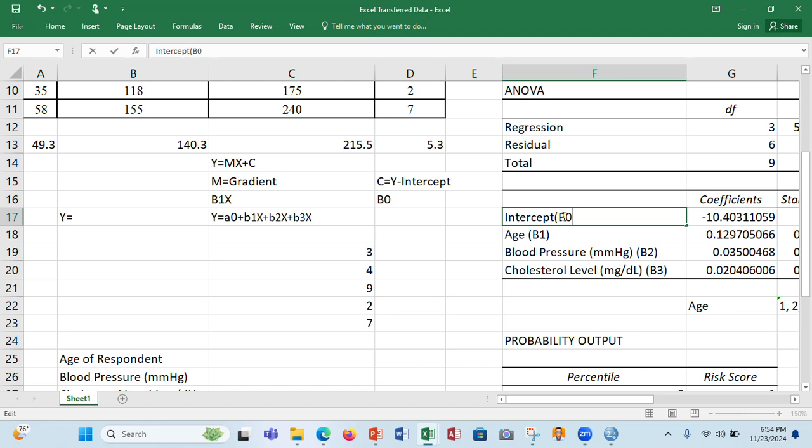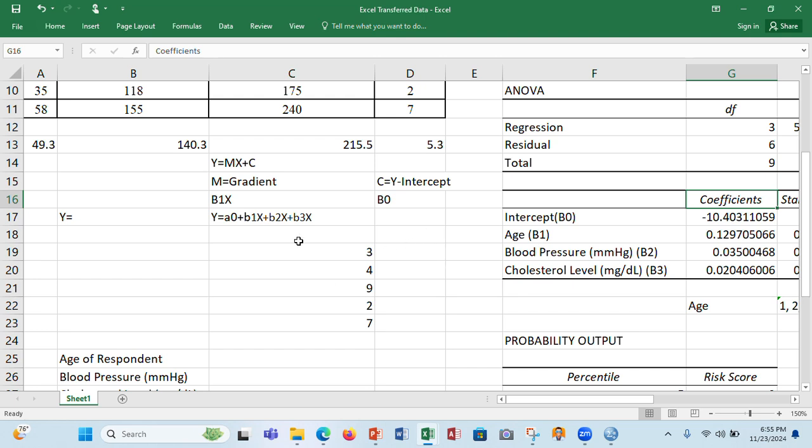Remember, these are called coefficients. SPSS calls them unstandardized values of beta. They are the ones we use to predict the dependent variable when we know the independent variables.